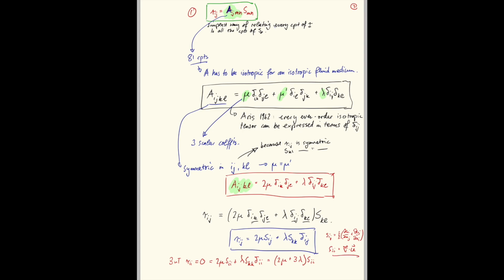So that means that 0 is 2 mu plus 3 lambda times the divergence of u. Of course, we can cancel that, and we find that lambda is minus 2/3 of mu. And we're left with only one constant of a relation between tau and s.